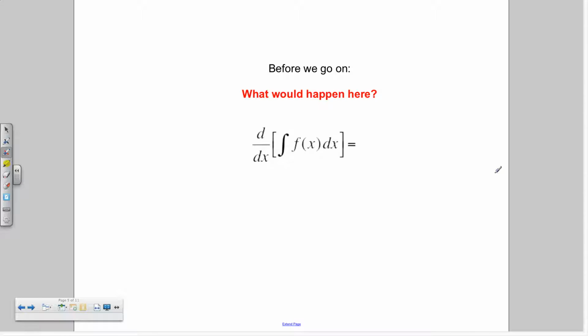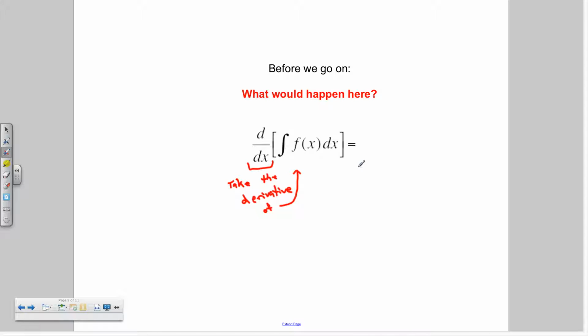Okay, so this might not look like it, but it is a very deep concept. This is, of course, the derivative operator. What it means is take the derivative of that thing.